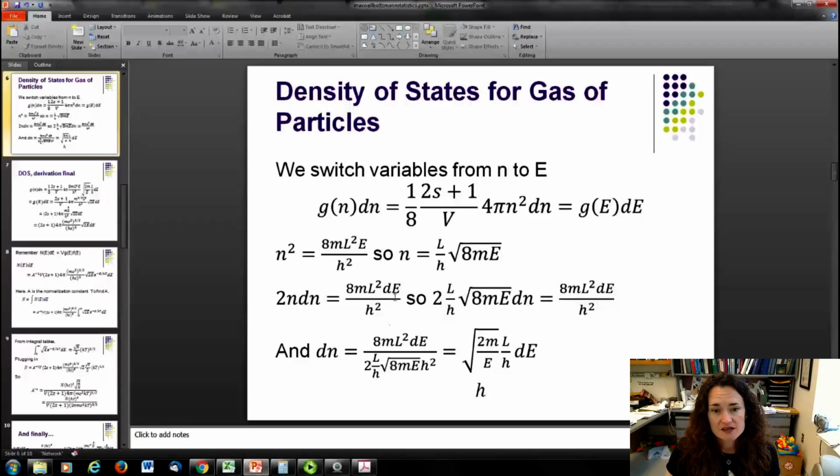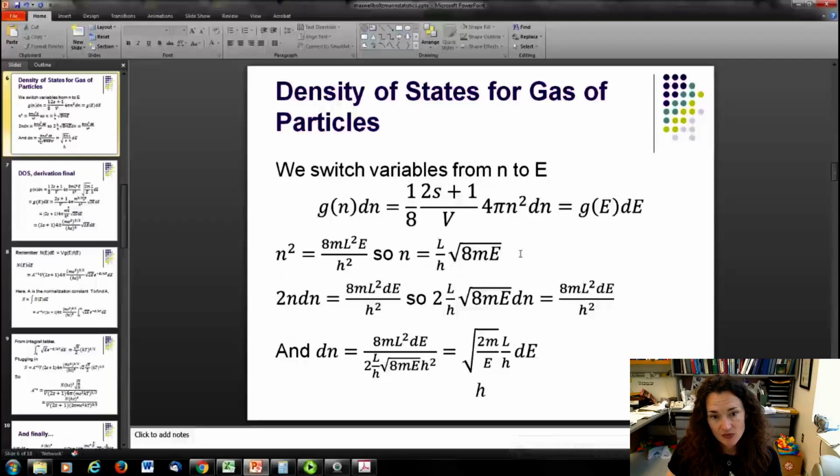Now, because this expression that we have to plug in here for dn also has n in it, then we need to know what n is by itself. And so I take the square root of both sides of my equation for n squared and get that n is equal to L over h times the square root of 8mE.